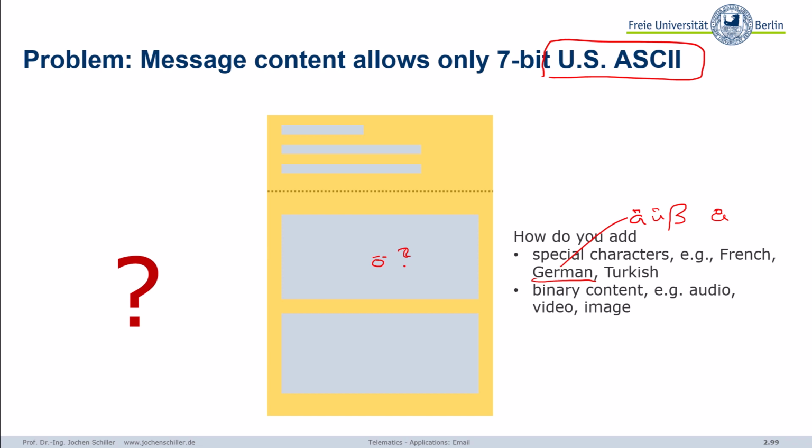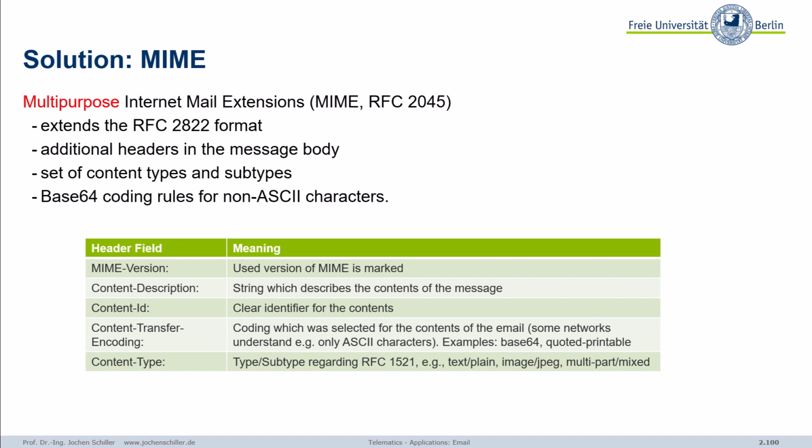Okay, what to do? Then binary content. Audio. What happens if we want to integrate music or an image or whatever? We want to attach this. This was the reason for extending this 7-bit format, and this is called the Multipurpose Internet Mail Extensions, RFC 2045. So it's not ASCII only, but it's an extension.